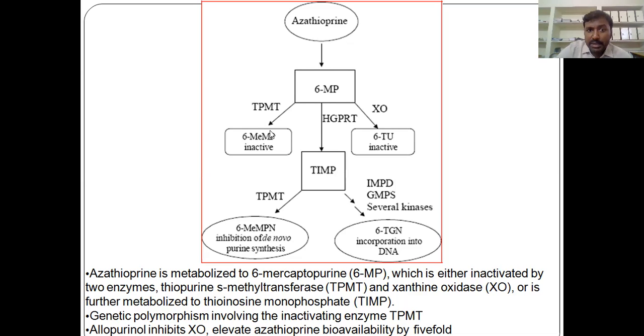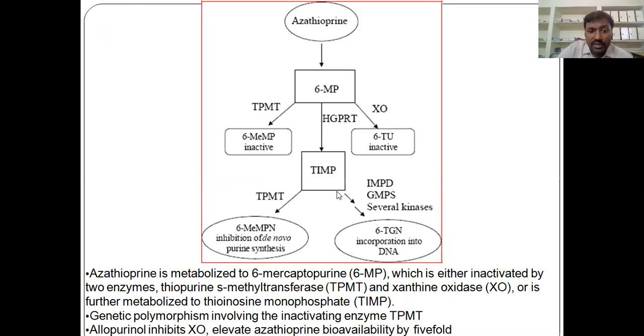It is metabolized by two enzymes, thiopurine S-methyltransferase and xanthine oxidase. When these enzymes act, it becomes an inactive form.